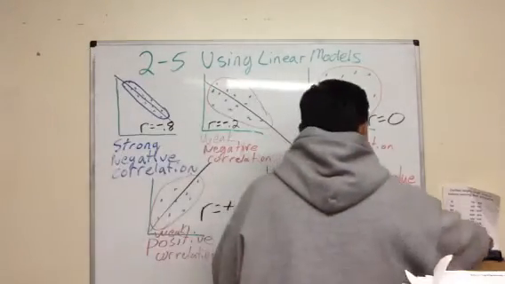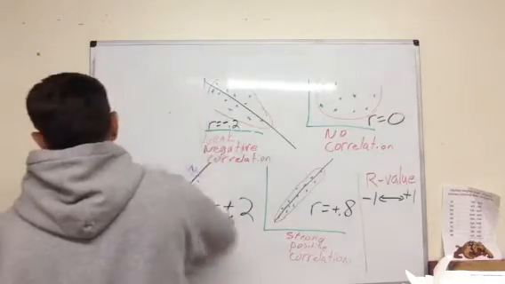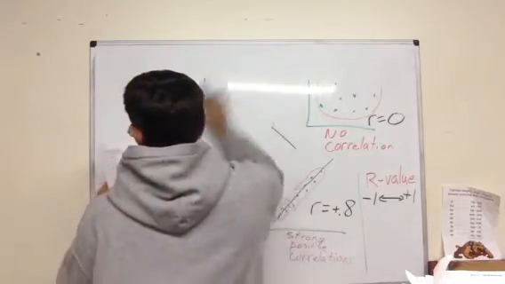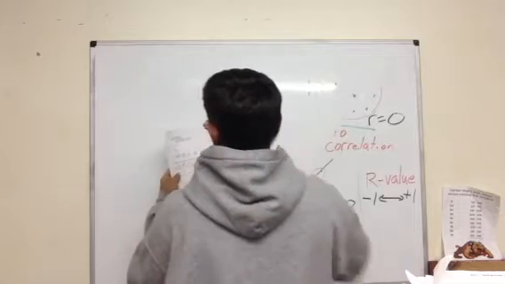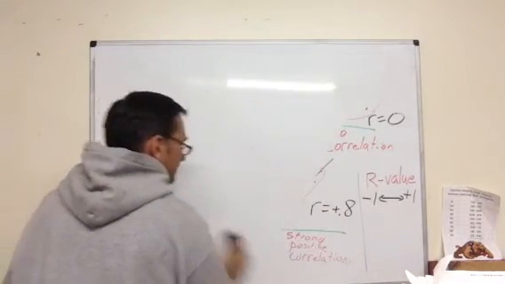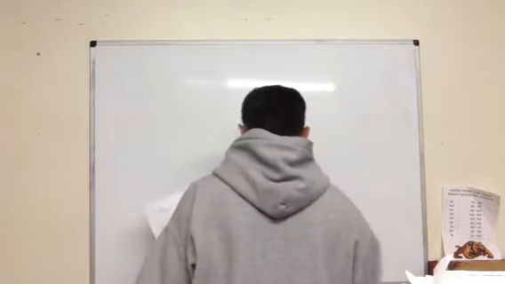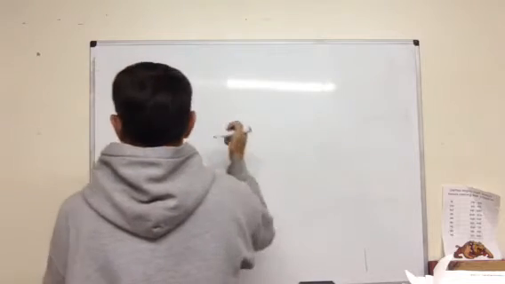So filling in with the notes that I provided you, it says the R value, the closer the points are to making a line, and this is where I want you to fill this in. Okay.